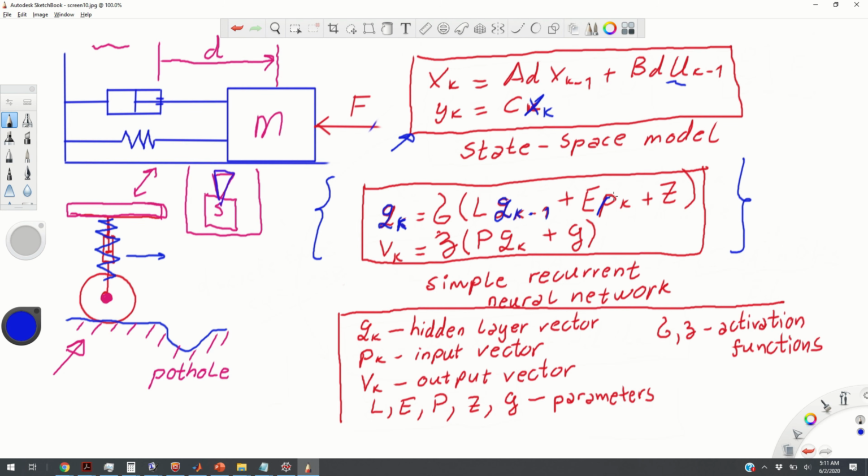Now, what is pk? Pk is the input vector at time instant k. Look here, here's the input vector. So our input vector, if you want to train such a network, will correspond to the physical uk, that is, to the external force. Now, what is vk?